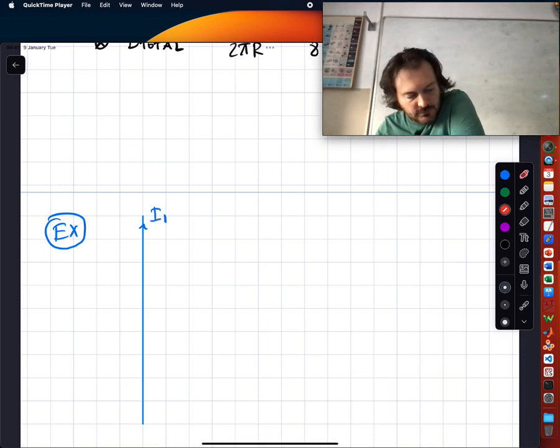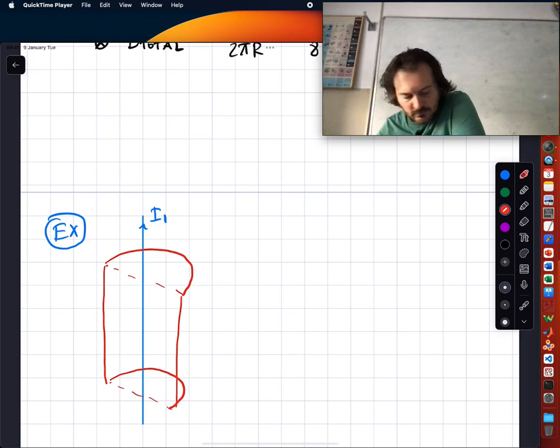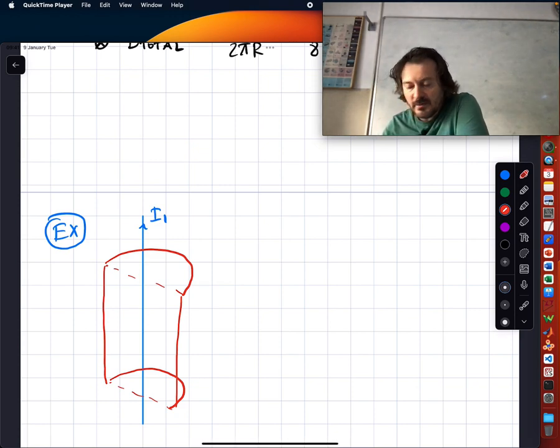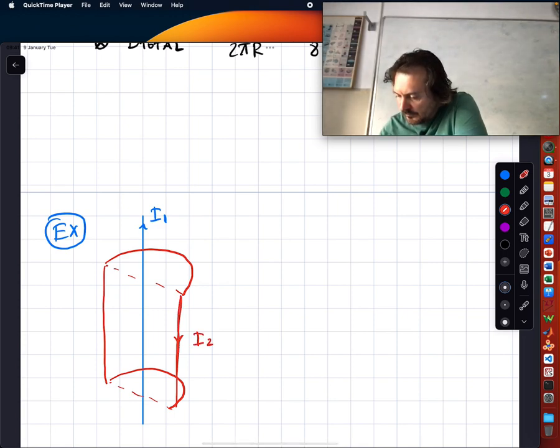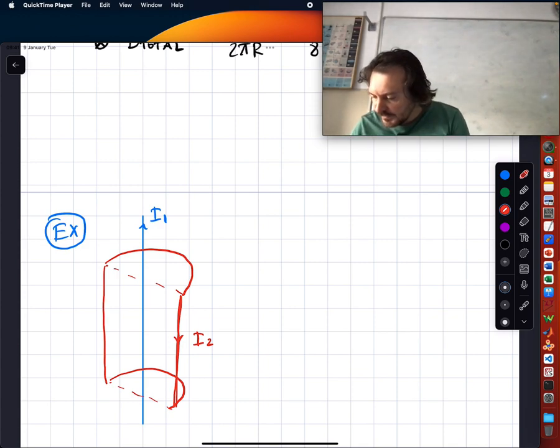And then there is a second wire that goes like this. Do you understand the geometry? And for this wire, current is I2. All right. This radius is R.